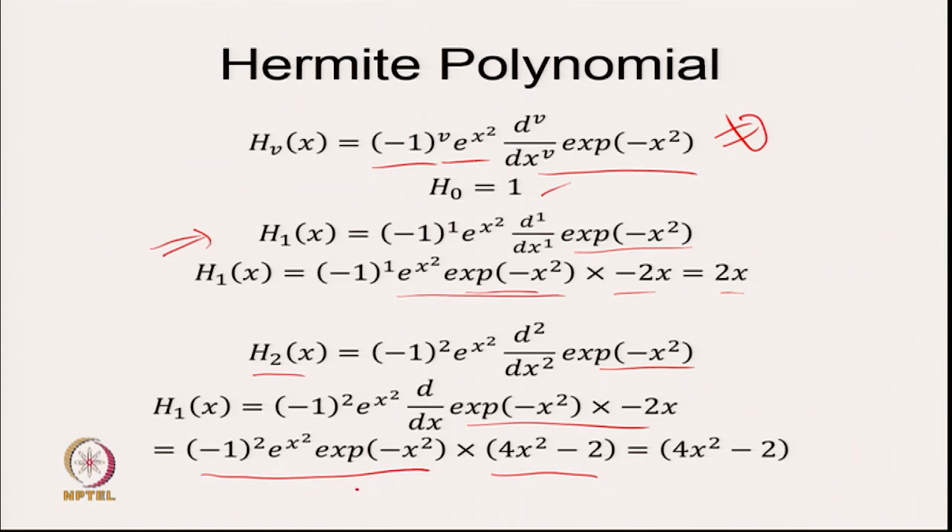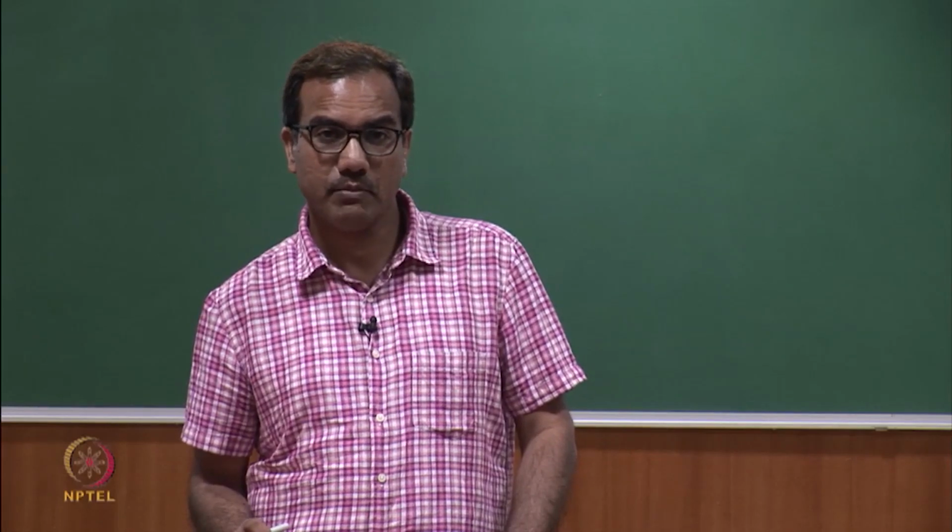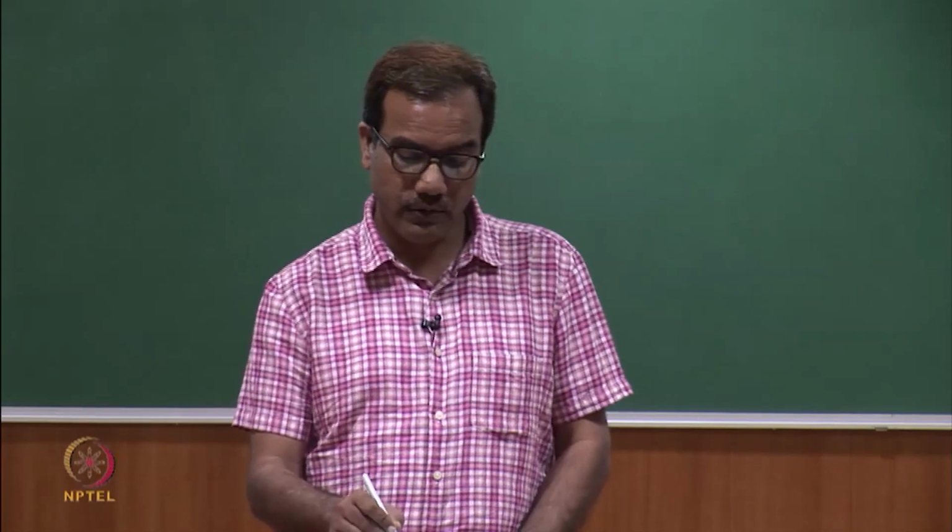So, you have 4x square minus 2. If you remember, the Hermite polynomial we solved was 1 for V equal to 0, 2x for V equal to 1, and 4x square minus 2 for V equal to 2. So, the Hermite polynomial can be given by one simple equation, which is shown here.